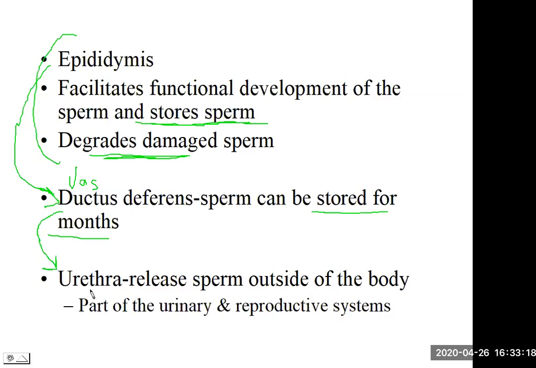And here we're seeing that dual purpose function of the male urethra. Previously, of course, it was for the urinary system: the urinary bladder excretes urine directly to the urethra. And now we're seeing the pathway for sperm and seminal fluids, for semen, to be excreted out of the urethra. So it's this dual purpose function for the male urethra.